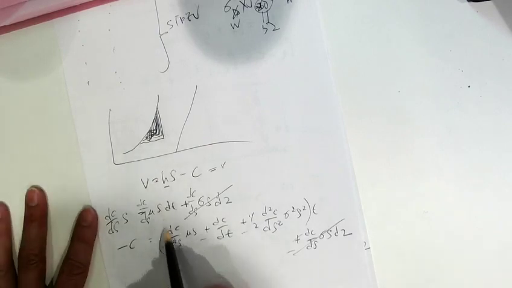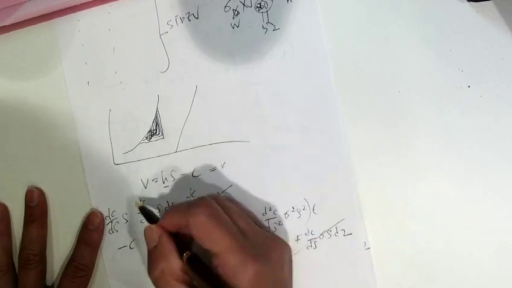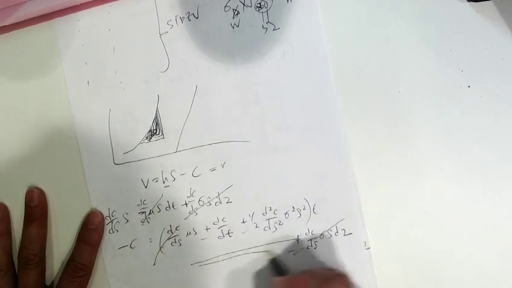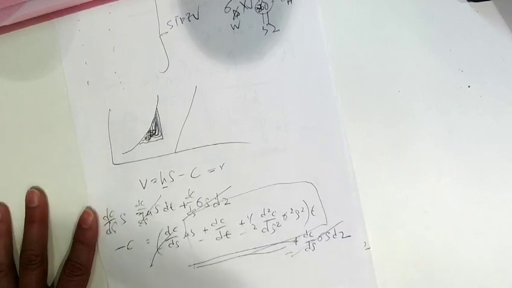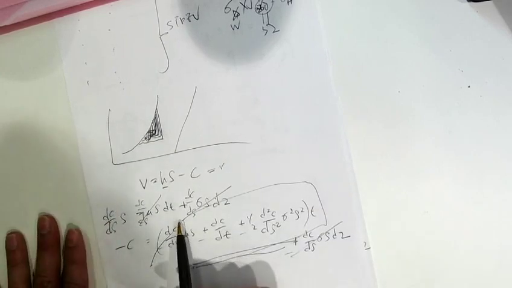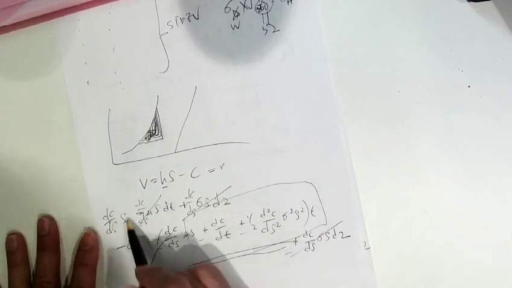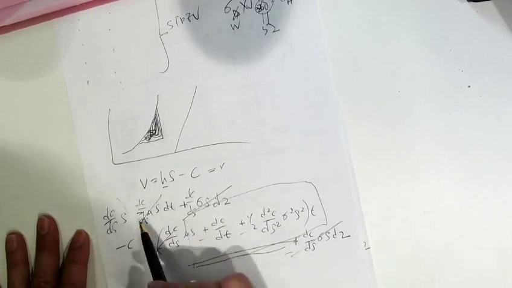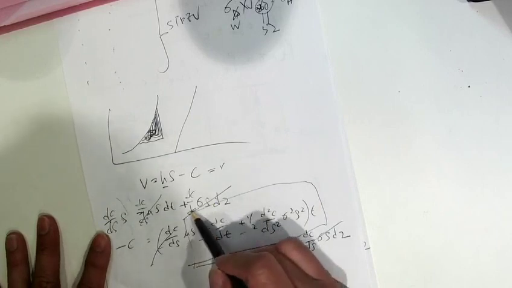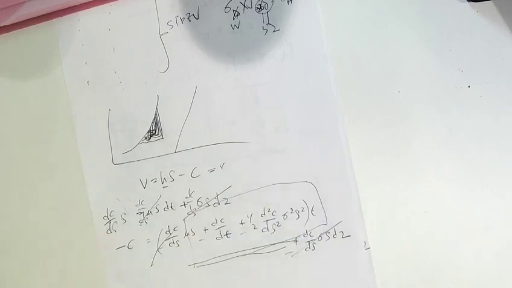Will this cancel? This cancels, right? So you're basically left with this term here. So you find that when you create a portfolio using the H ratio, and if the direction is correct, then you can eliminate the randomness in your stock as well as in your call. Is that clear to everyone? Okay. So as a result, the uncertainty has been eliminated.